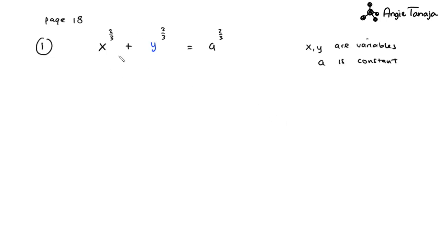So how do you differentiate this one? I can simply use this: the derivative of the whole thing with respect to x equals the derivative of the whole thing with respect to x. So you do the differentiation for both sides.